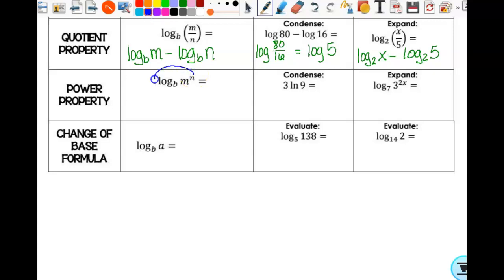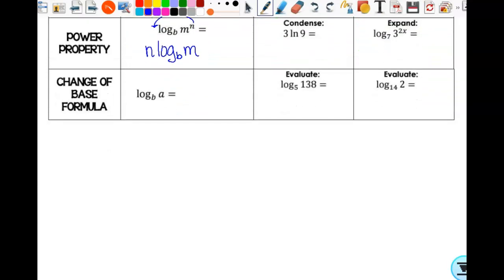So then we have the power property. Remember, that means the power comes out here. So this becomes n times log base b of m. So this gives me the natural log, because the 3 comes up here, of 9 to the 3rd. And what is 9 to the 3rd? 729.